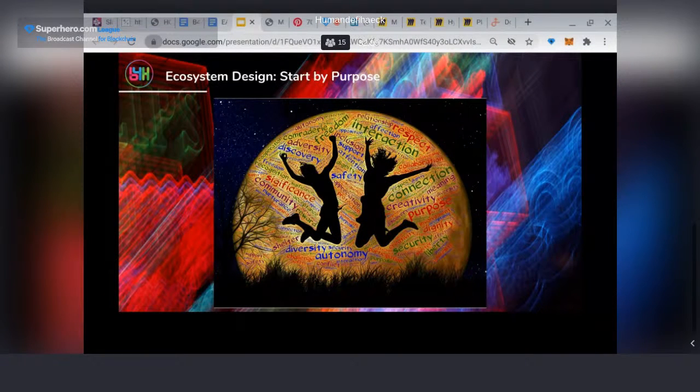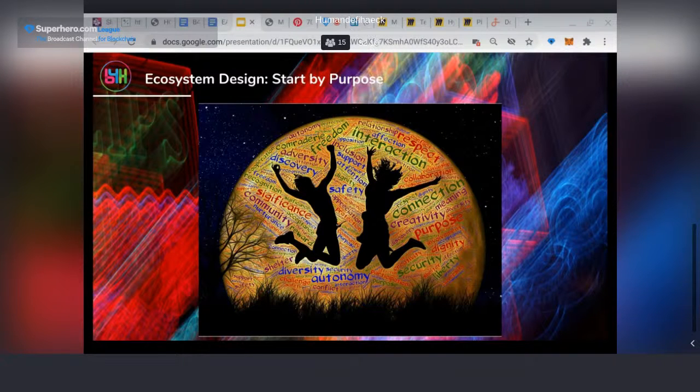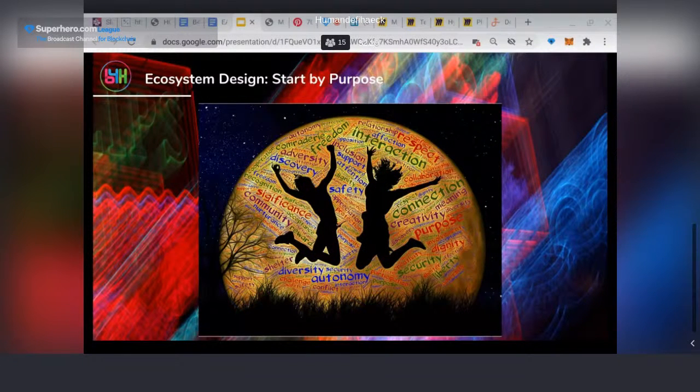You need to find and define among your team what is that single purpose that will motivate common action, not common action of your team, common action of the whole ecosystem of all the different agents that we are considering there.